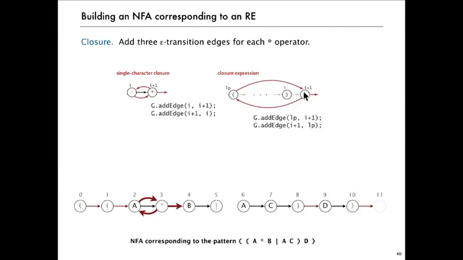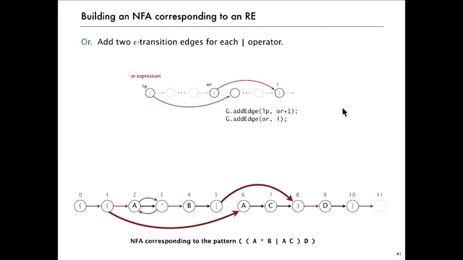If the character before the star is a parenthesis, then we want to add the same kind of mechanism. From the parenthesis, go out and skip the whole thing to cover the 0 match case, or go back and match as many times as we need to match, and then finally go out. So there's 3 edges that have to be added for each star when you find it, and it's well defined what they are.